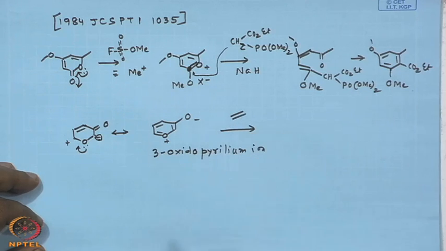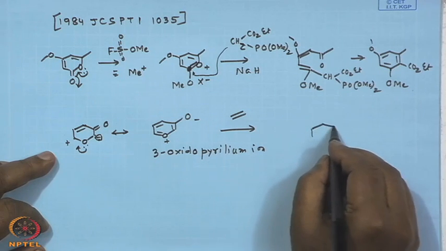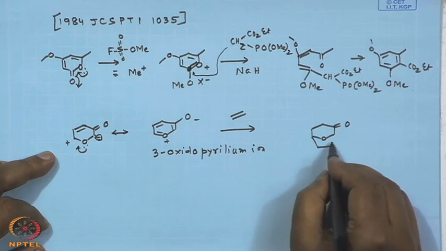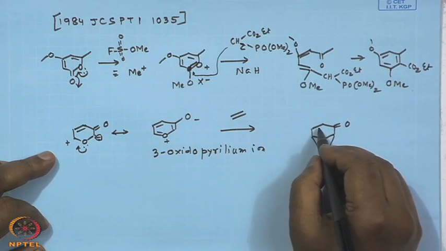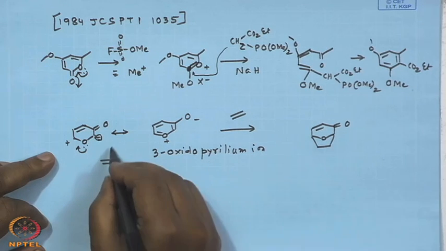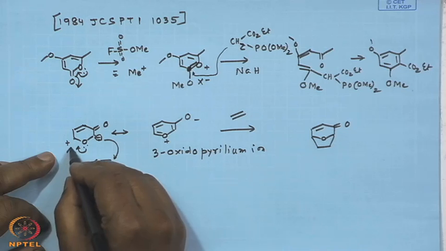Then the dipolarophile could be of many kinds. So, let us say if you have a large excess of ethylene, what do you expect? You expect a reaction here, as if this electron goes to this and then the negative charge neutralizes this.